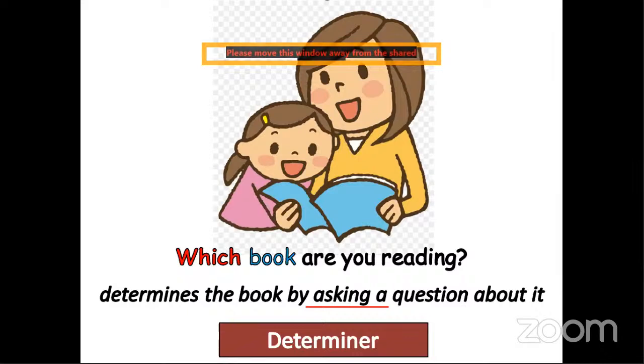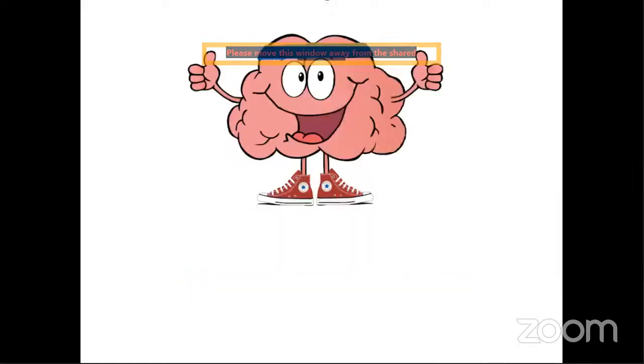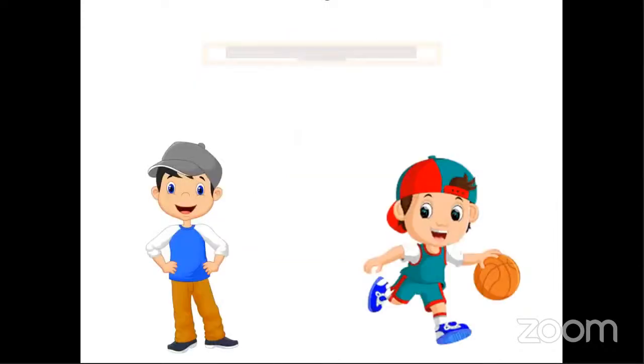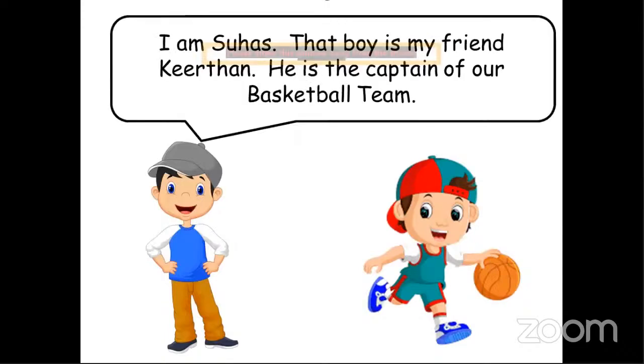So now that we know what determiners are, let us identify the determiners in a few sentences, okay? So here is a small exercise for you. I am Suhas. That boy is my friend, Kirtan. He is the captain of our basketball team. I am Suhas. Now, is there any determiner in this sentence?